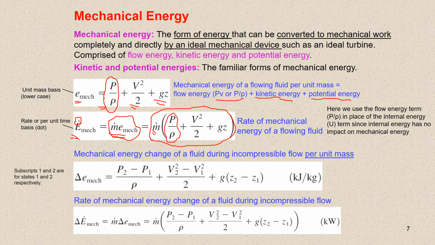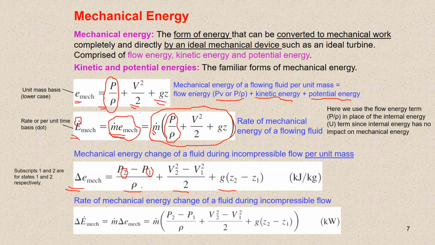Then the mechanical energy change of a fluid during incompressible flow, where rho is constant, becomes delta e_mech equal to P2 minus P1 divided by rho, plus V2 squared minus V1 squared divided by 2, plus g, the gravitational acceleration, times z2 minus z1. Here note that the subscripts 1 and 2 are for states 1 and 2 respectively.